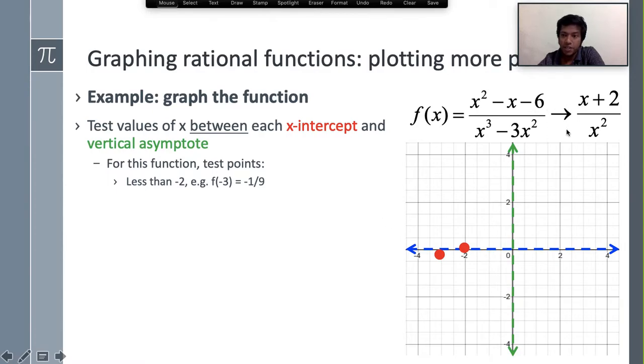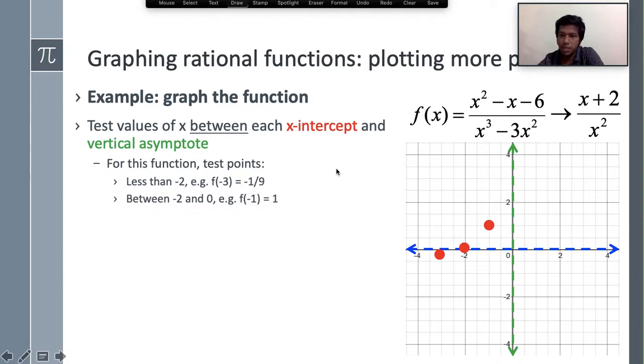Let's say this is our 3, so f of 3 comes to 1 by 9, and for minus 1 we get plus 1. Let me show you this calculation, at least one of them.